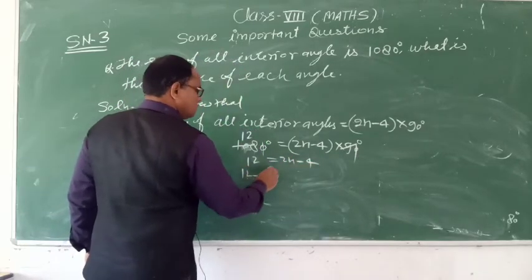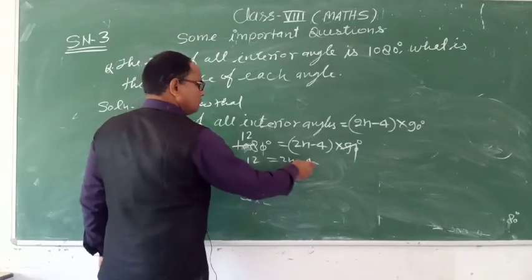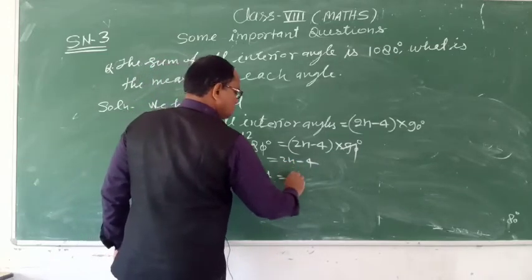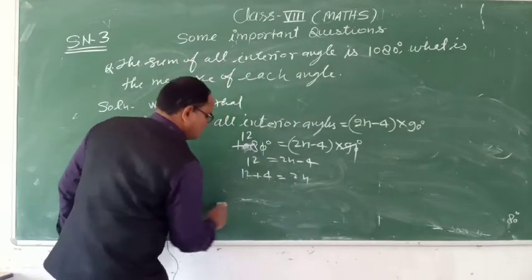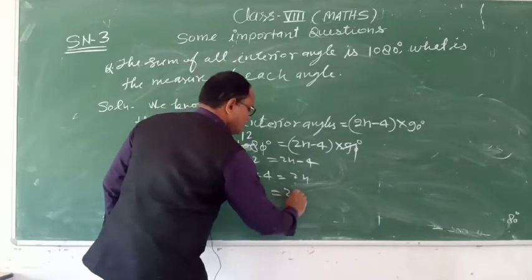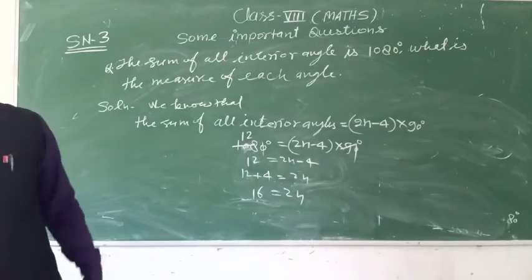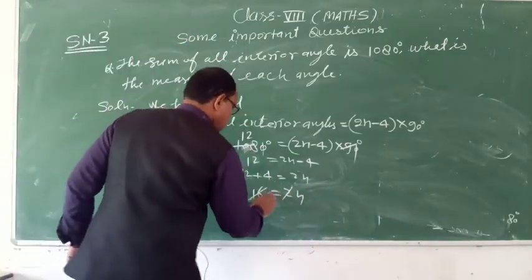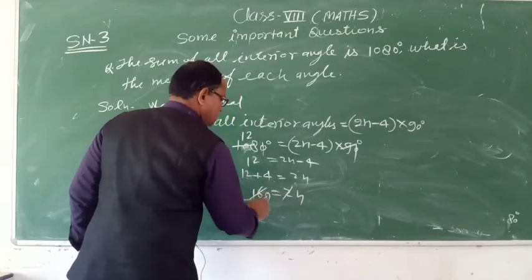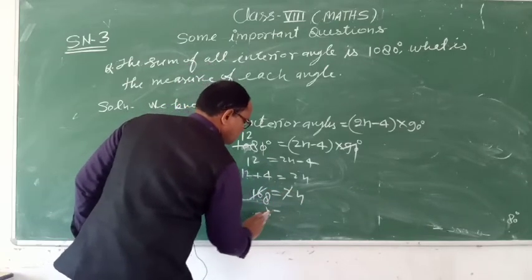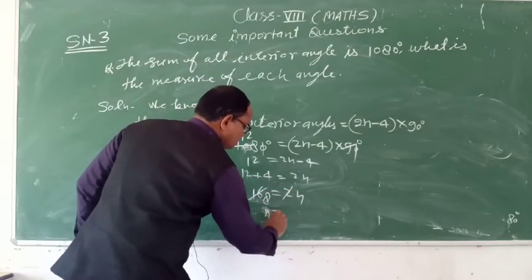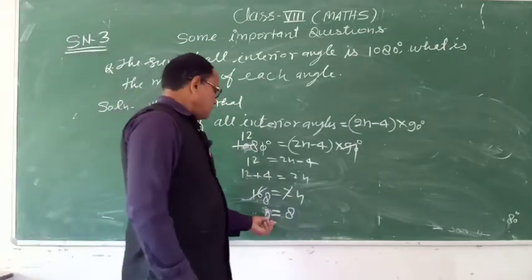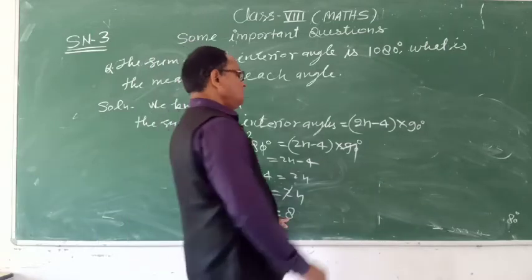Transferring minus 4 to this side, we get plus 4: 16 is equal to 2n. Okay, then 2 times 8 is 16. Therefore n is equal to 8. The number of sides of the polygon is 8.